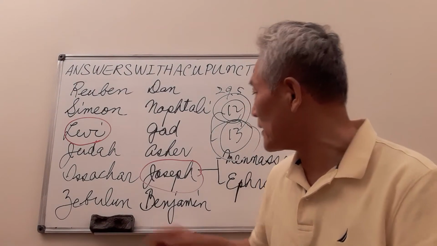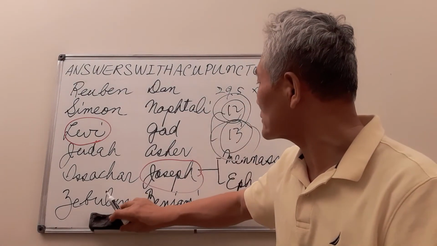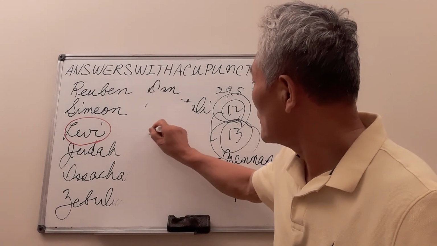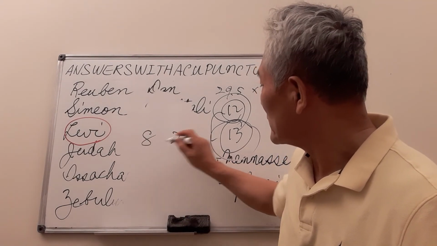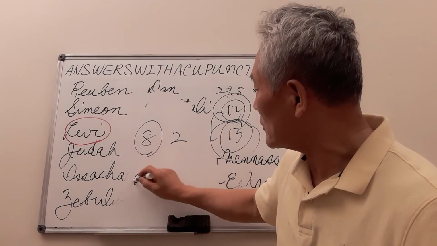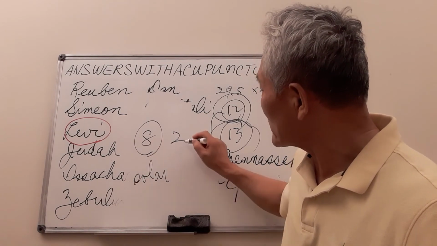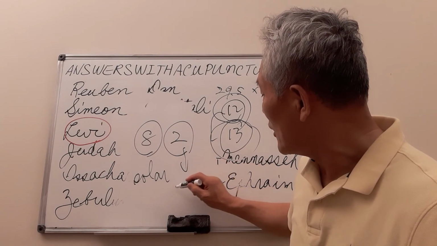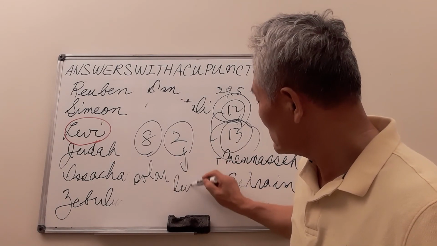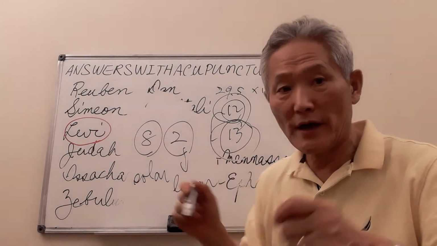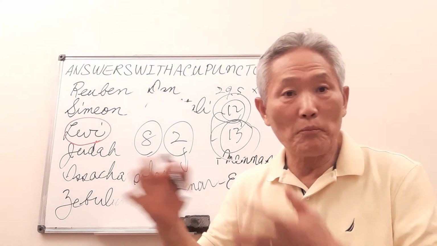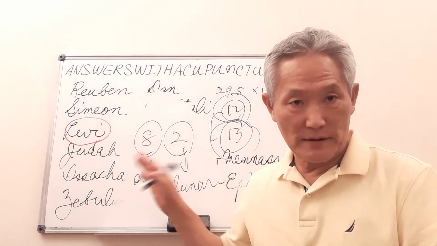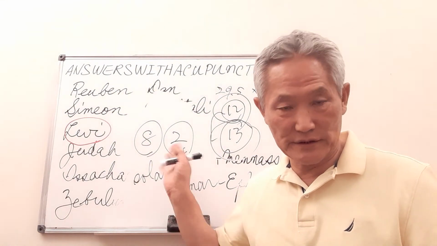For instance, August, let's say August 2nd: this August is the solar calendar, and this second is the lunar calendar. So they combined solar and lunar based upon this way.